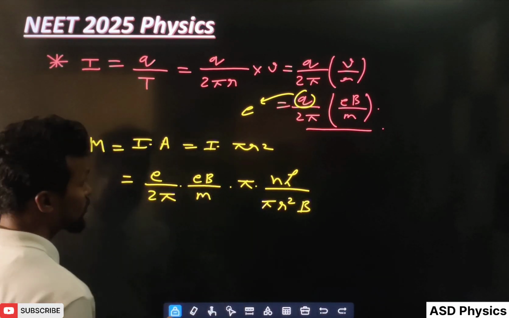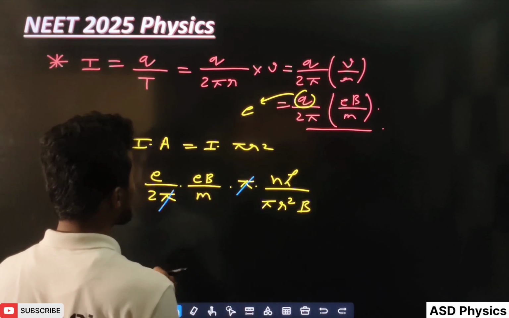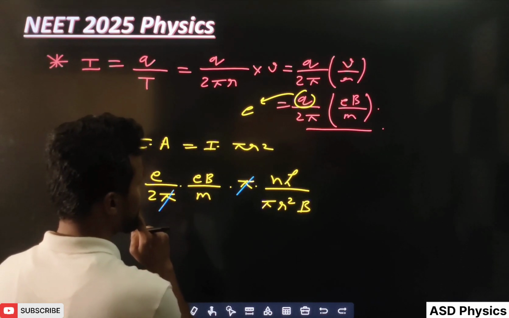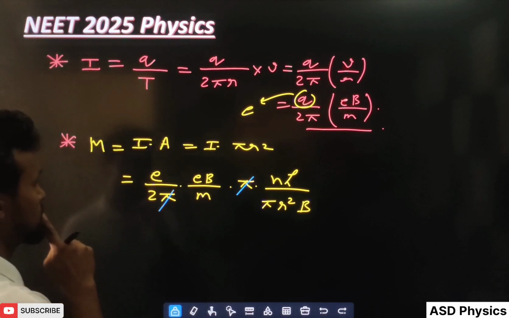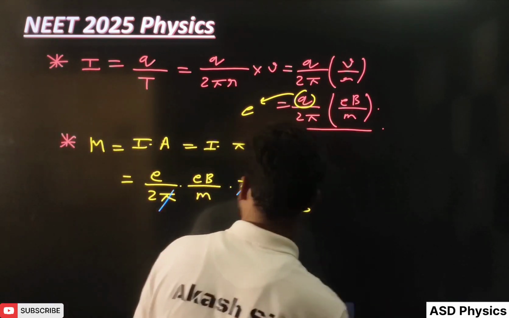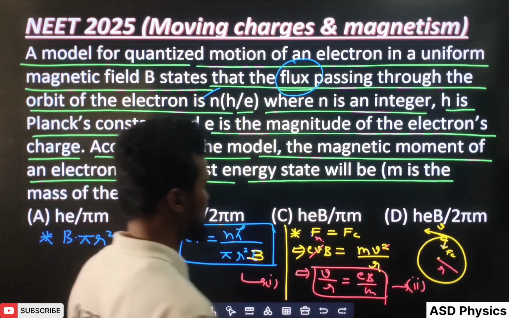So students, just cancel out whatever can be cancelled. See here, this pi is cancelled. Which kind of options are there? HE by pi m, HE by 2 pi m, all these things are there here.